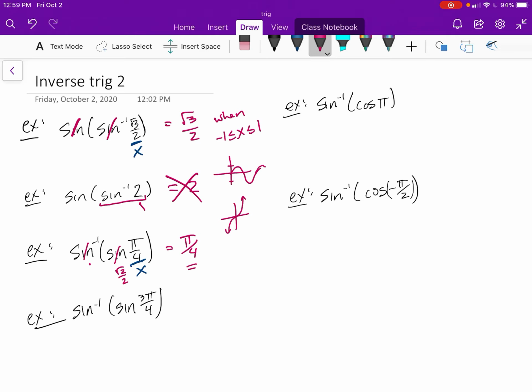The problem with the second one, though, is, remember, this is our outer function, right? So we're doing sine inverse of something in here. So therefore, we have to be within the range of sine inverse.